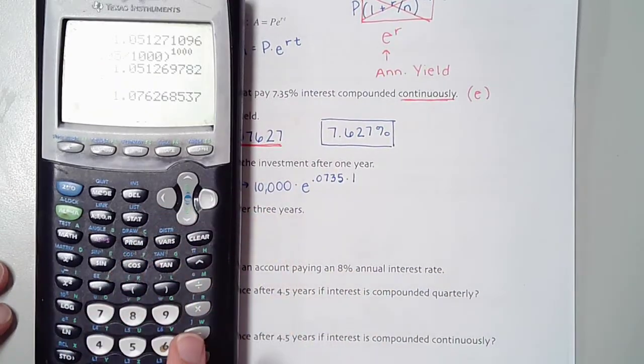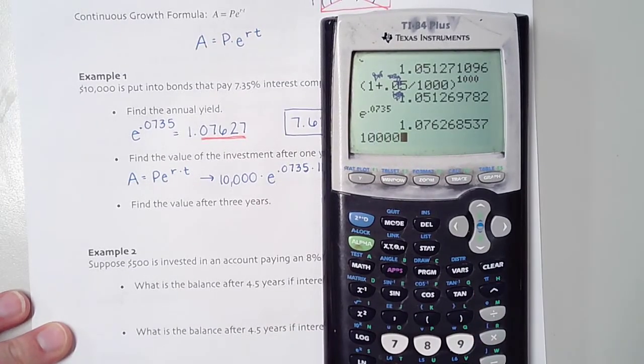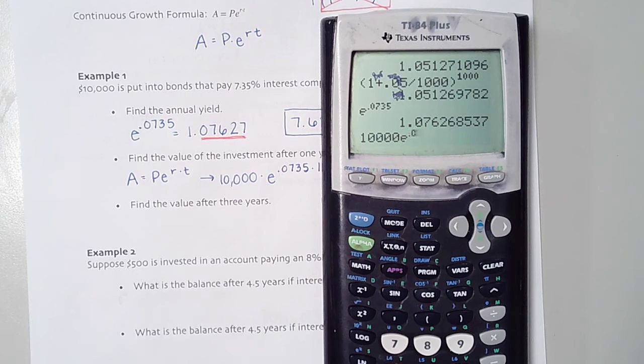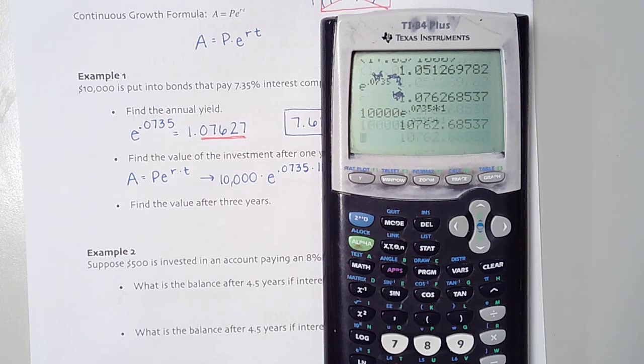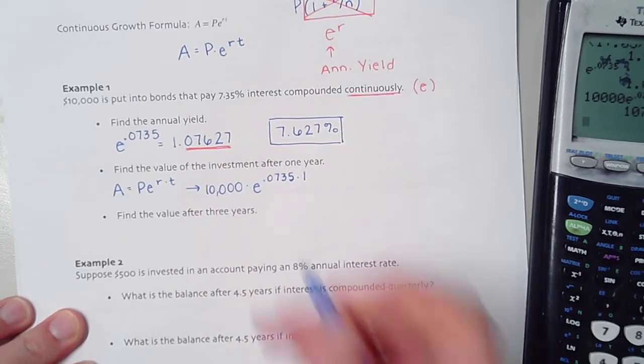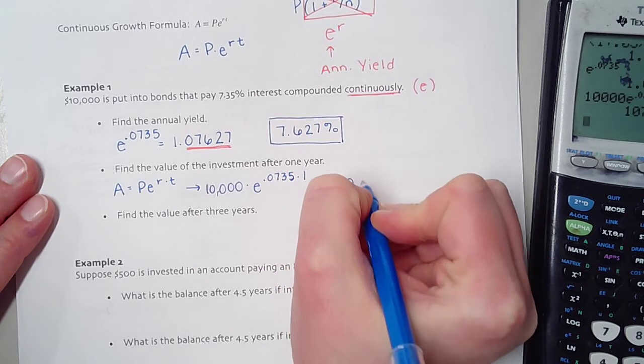So we're going to do 10,000, whoops, sorry you can't see that, 10,000 times e to the power of 0.0735 times 1. That's how I'm typing this in here. And I'm going to find that I have $10,762. This is money, so that's how I'm rounding.